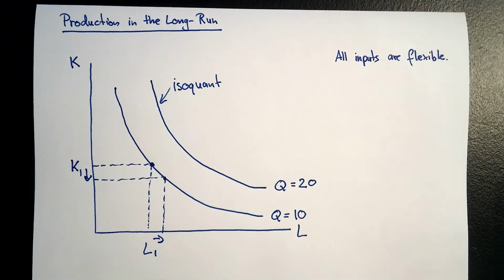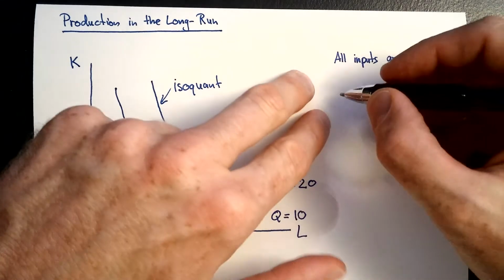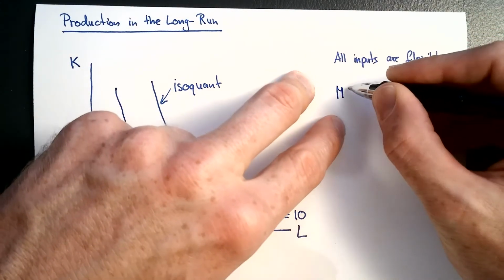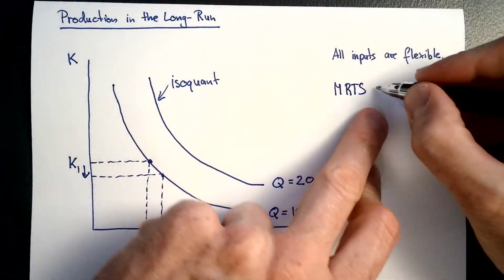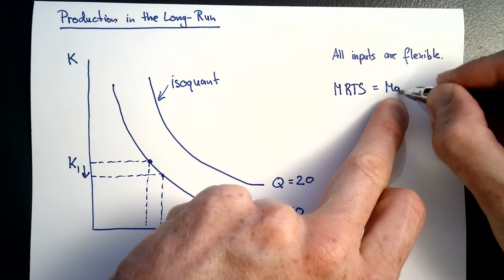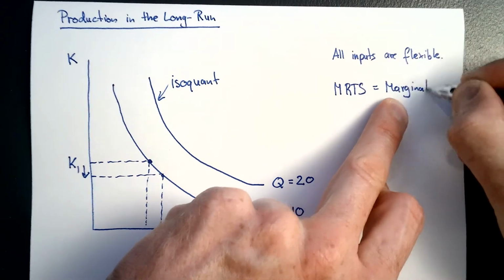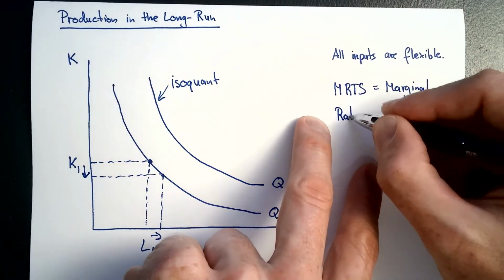Now, the ratio at which we have to replace one input for the other to remain on the same isoquant is called the marginal rate of technical substitution, or MRTS. Again, this is the marginal rate of technical substitution.